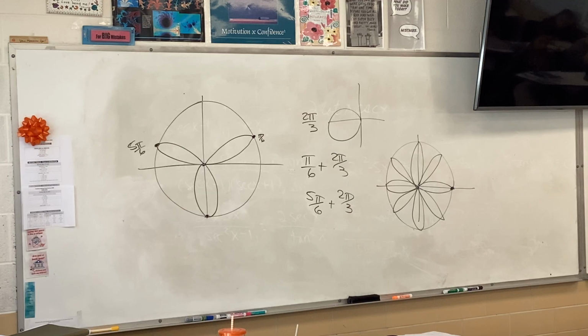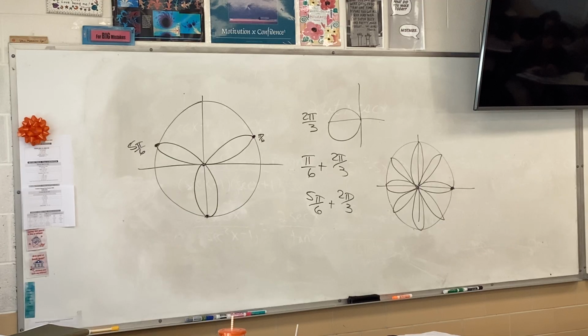When the A and the B were equal, we talked about this the other day, what happened? You got an indentation, and where was the indentation? At the pole, and that shape is called a cardioid. And that's gonna happen whenever the two numbers are the same. One can be positive and one can be negative. All that will do is flip your heart, but they're gonna have a heart shape.